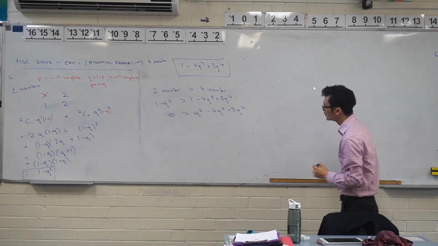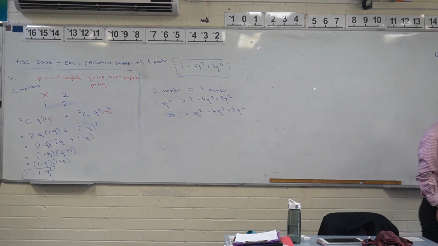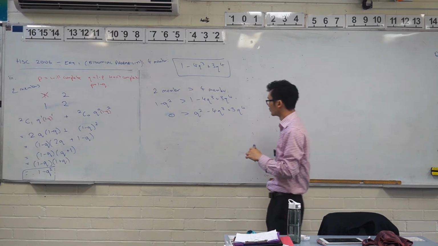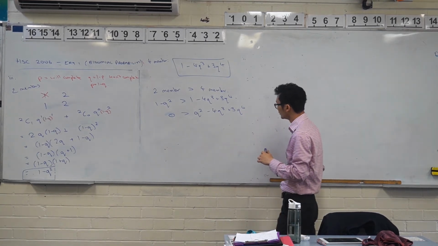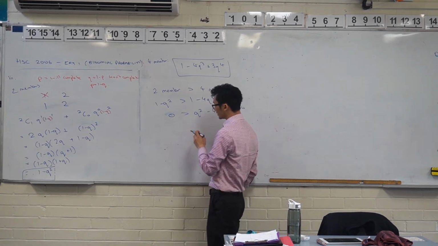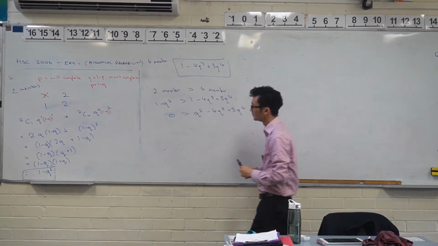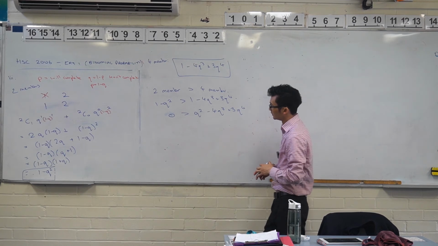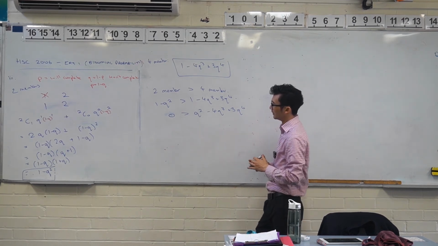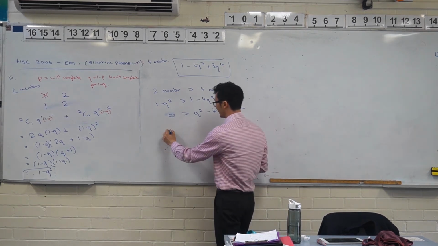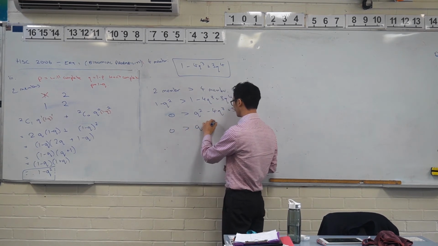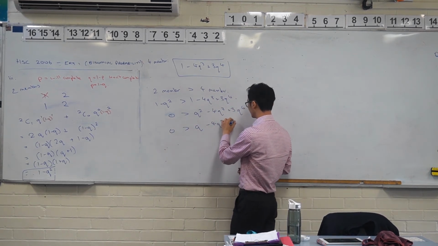Here we could divide both sides by Q. Now there are sometimes issues with that when you're solving equations, like you may lose solutions, but I don't think it's going to matter in this particular case. We'll see. So Q minus 4Q squared plus 3.